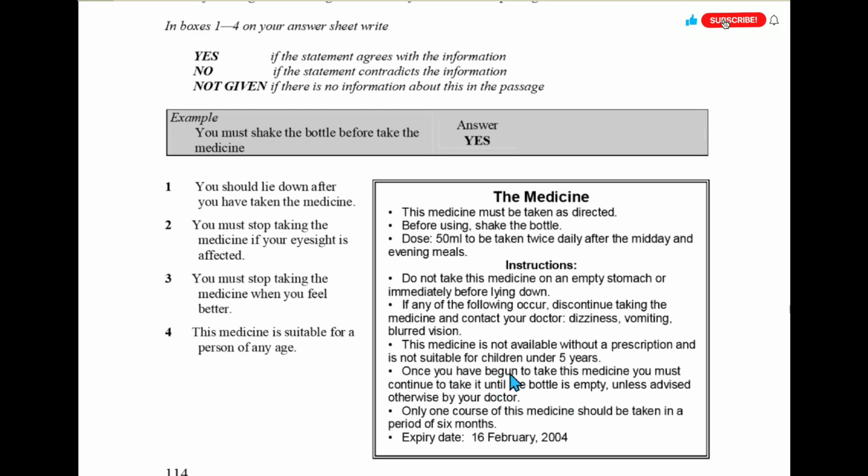Once you have begun to take this medicine, you must continue to take it until the bottle is empty, unless advised otherwise by the doctor. So now the thing is, can you see anything where it says when you feel better, you should be stopping taking the medicine? No, right?